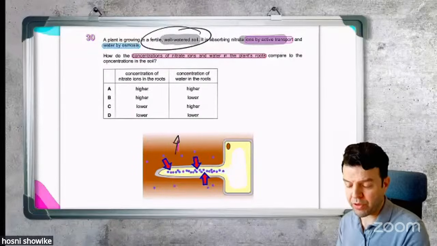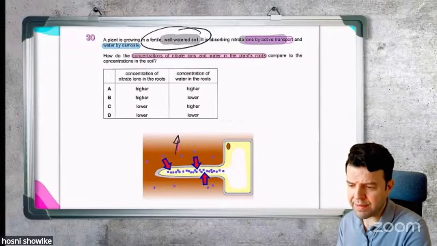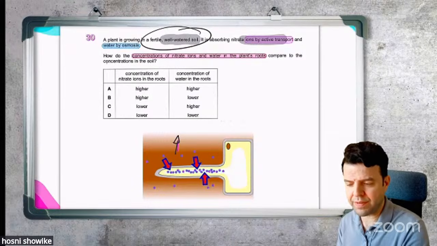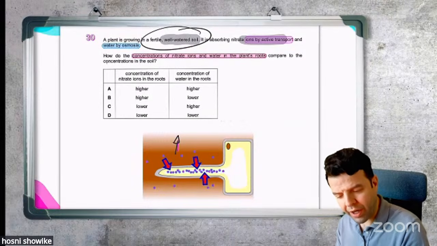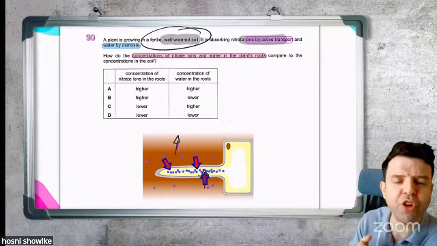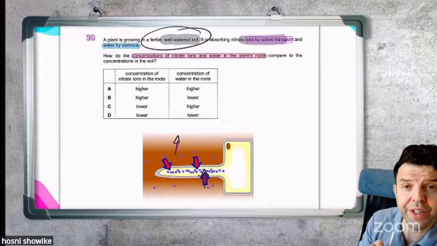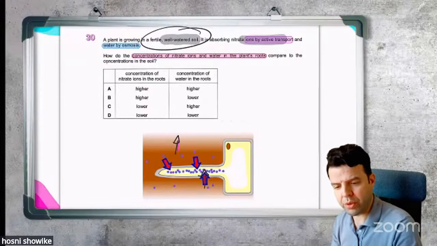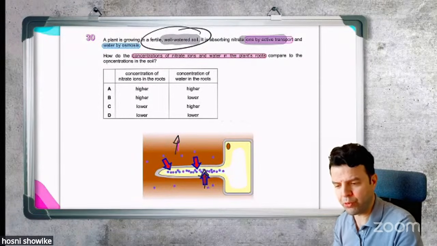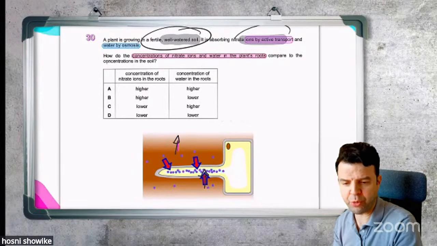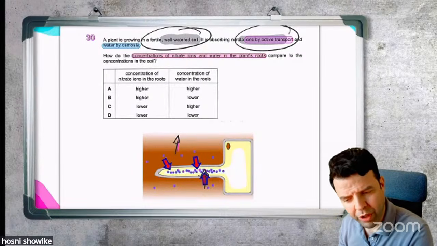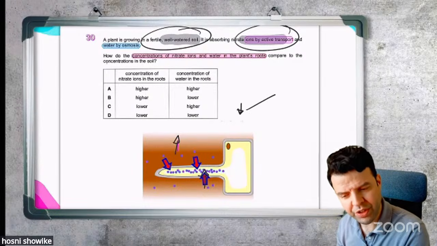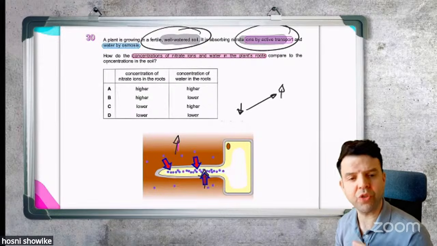And what about the ions? They said the concentration of ions inside roots should be higher. Why should the concentration of ions in the cell be higher? Because they said it has moved by active transport. And active transport is always from lower concentration to higher concentration.